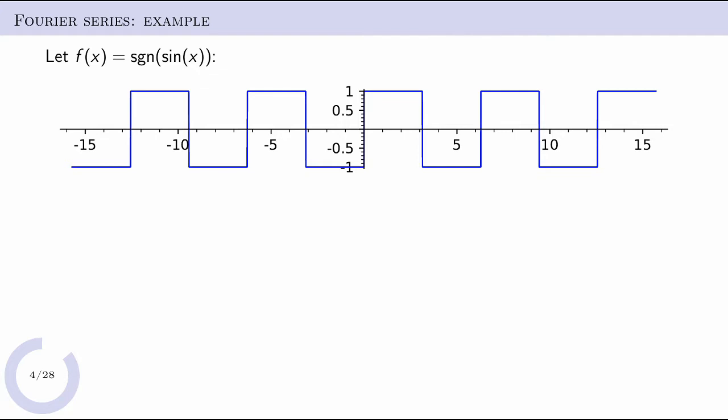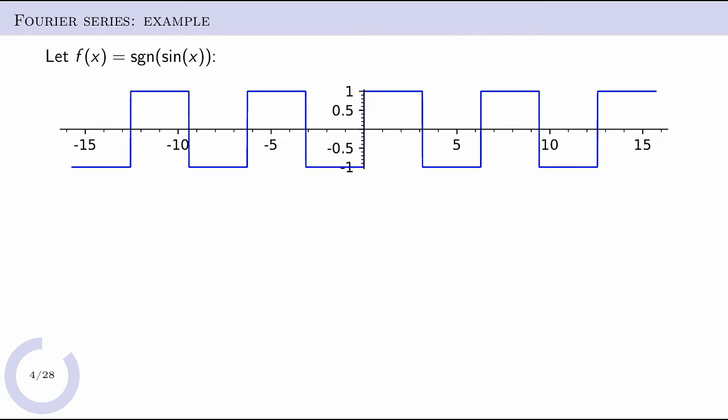This graph was automatically generated by Sage, and for whatever reason Sage introduced these vertical lines that should not be here. So the graph of f consists of horizontal lines at 1 and minus 1, interleaved intervals each of length pi. On one of these intervals the function takes the sign 1, on the other it takes the sign minus 1.